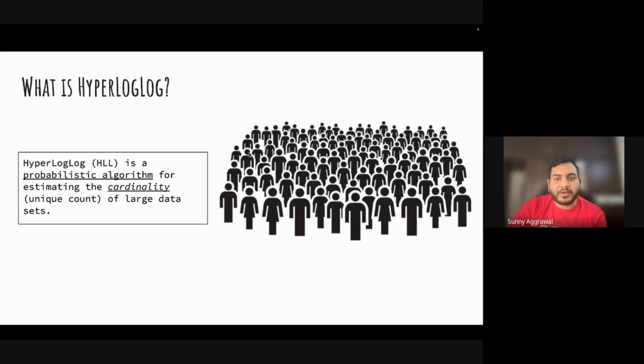So let's say we have a website where we have to count the unique number of users that are visiting our website for a particular day, or for a particular month, or let's say for a particular year, or from the lifetime of my website. Now, one way could be to record everything and then do it via a database, and then we get the 100% accurate result because I'm counting it in my database, but that is very memory intensive.